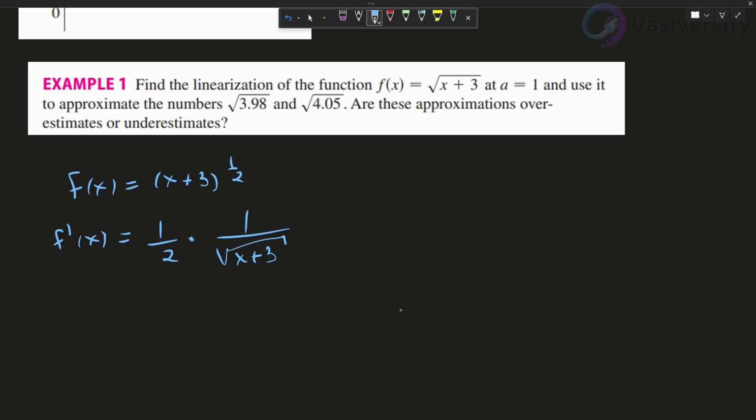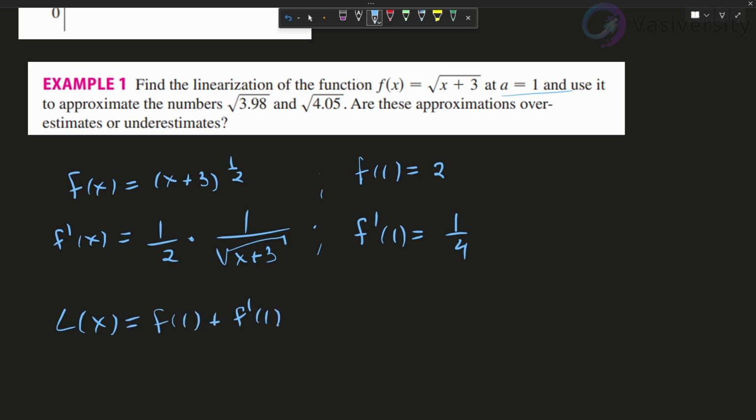So we know that a is equal to 1, so f of 1, if we compute it, is going to be 2. And then f prime at 1 is going to be 1/4. So, plugging the values into the formula for the linear approximation, which is f of 1 plus f prime of 1 times x minus 1, we will get 2 plus 1/4 of x minus 1, which is equal to 7/4 plus x over 4.